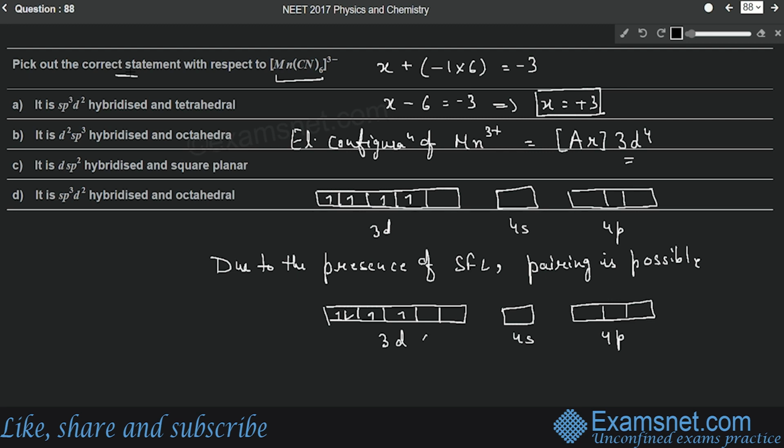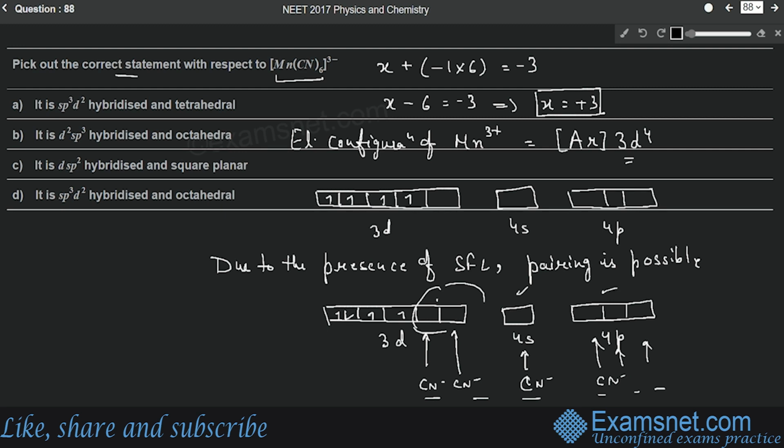One cyanide ion in this 3d orbital, one in this 3d orbital, one in 4s, and 3 cyanide ions in the 4p orbitals. So 6 cyanide ions will form coordinate bonds in these orbitals. That means 2 3d are used, 1 4s is used, and 3 4p are used.